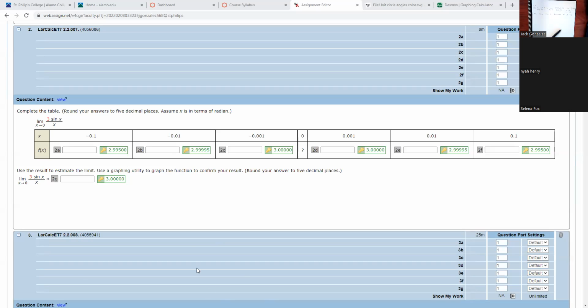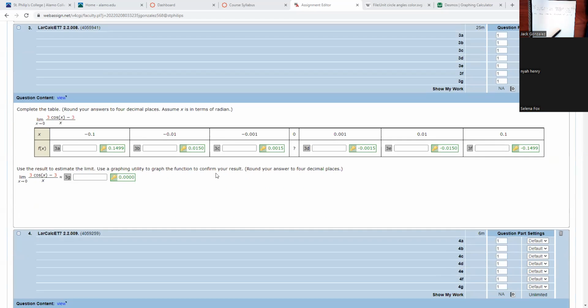Estimate the limit. Well, remember, what does limit mean, right? What is it approaching on both sides? It should be the exact same number. What did you have on the sides? Right next to 0, 0.0020.